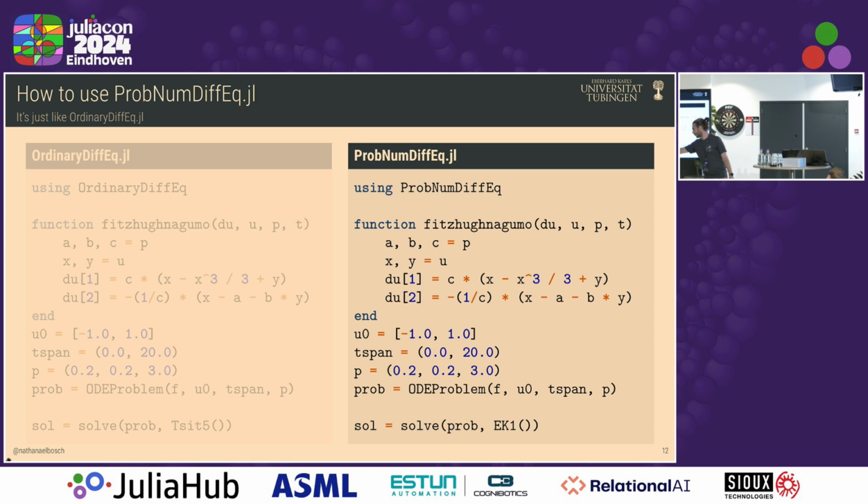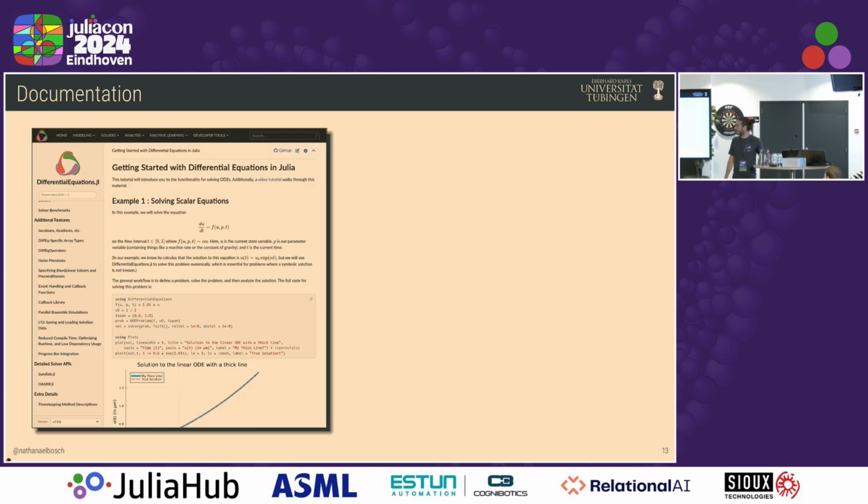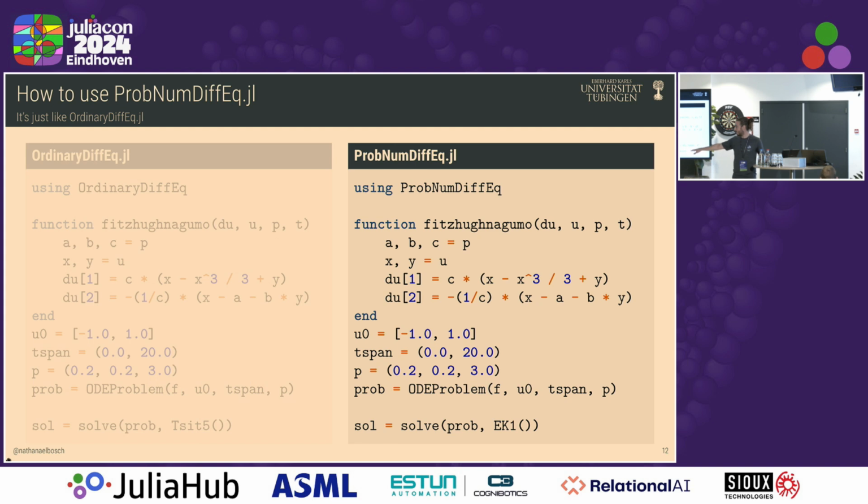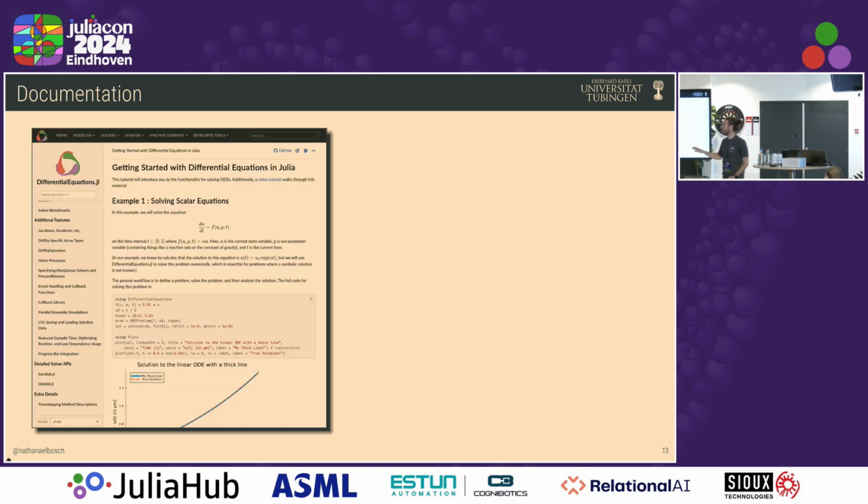So the solution object is now not an ODE solution, but a probabilistic ODE solution. And it contains a bit more things. But in principle, this is what's happening. So I really piggyback completely on DifferentialEquations.jl. That means that many things that work for DifferentialEquations.jl just work for ProbNumDiffEq.jl out of the box.